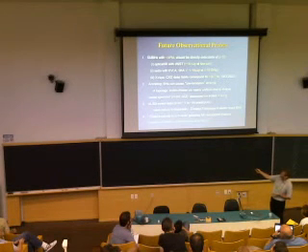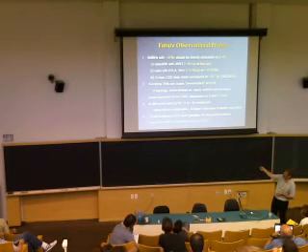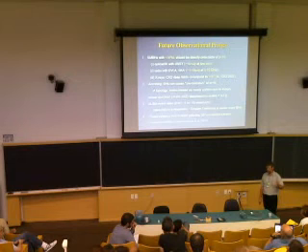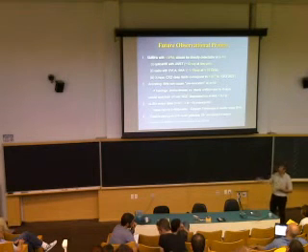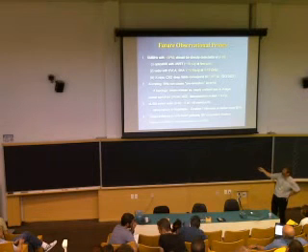JWST's sensitivity is 10 nanojansky at a few microns, and at redshift 10, a 10^6 solar mass black hole shining at the Eddington limit, so it's 1,000 times dimmer than the black holes I was talking about, will actually be visible to JWST, the successor to the Hubble Space Telescope.